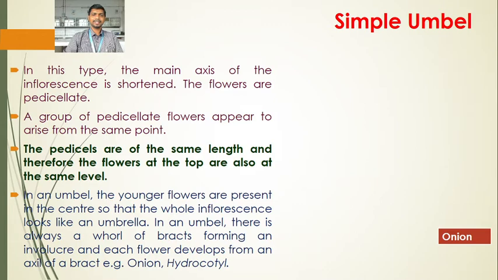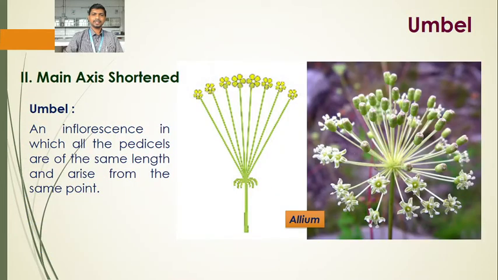In an umbel, there is always a whorl of bracts forming an involucre. We also see this here in the diagram. Here is the involucre of bracts found at the base of the pedicels.